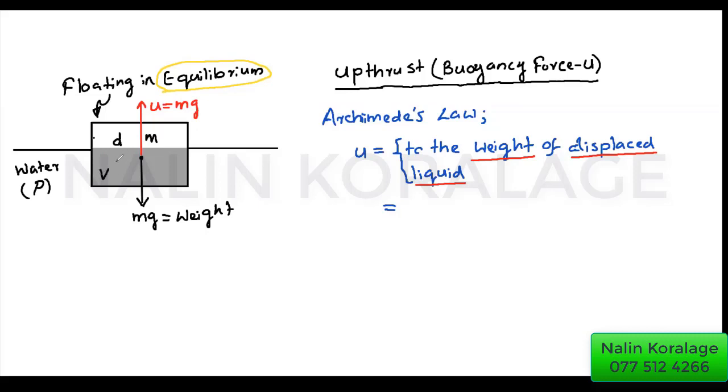Because the volume of the object which is inside the liquid level is V. Therefore, the liquid volume displaced by the object is also the same. Obvious. So the liquid volume displaced is V.